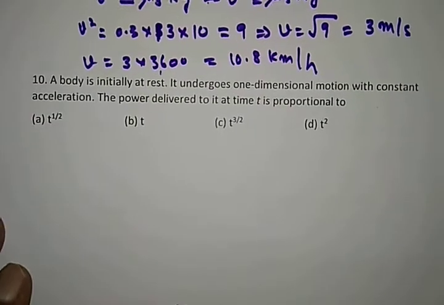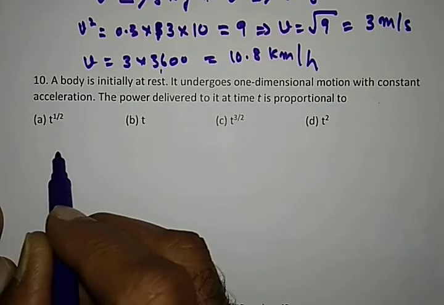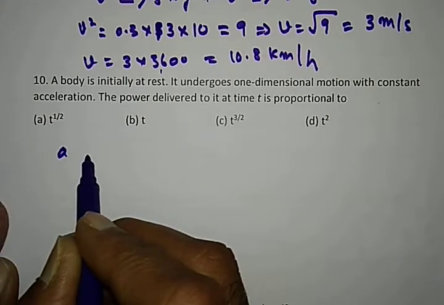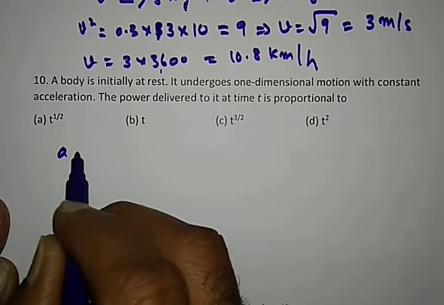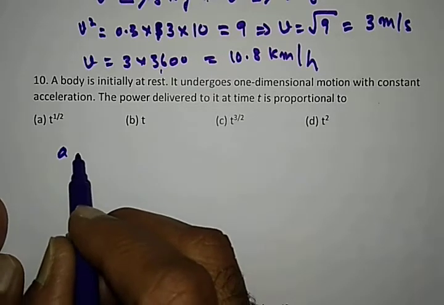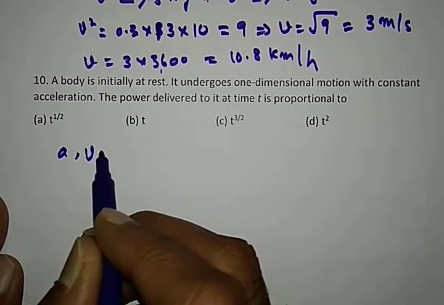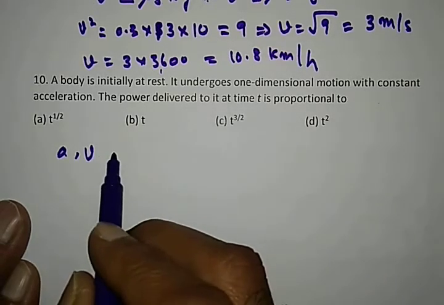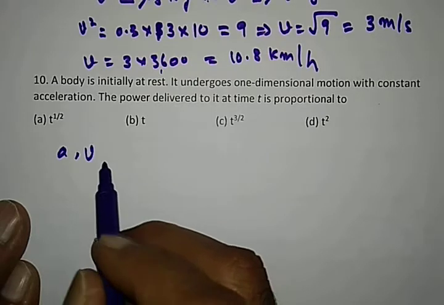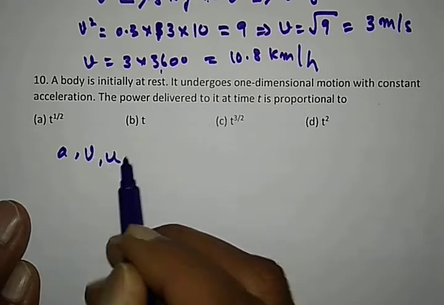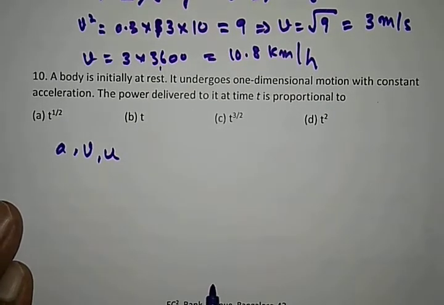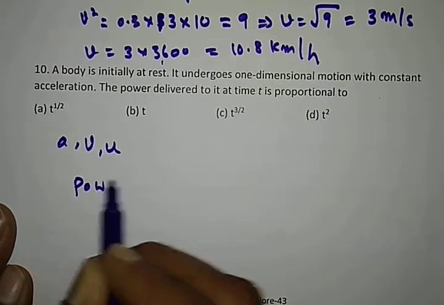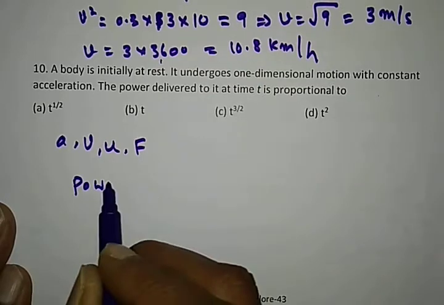Okay, so we will assume acceleration as a, final velocity as v, initial velocity as u, and force as F.